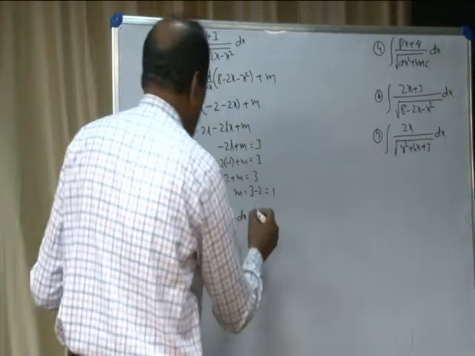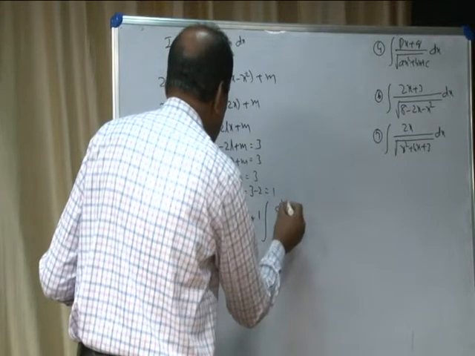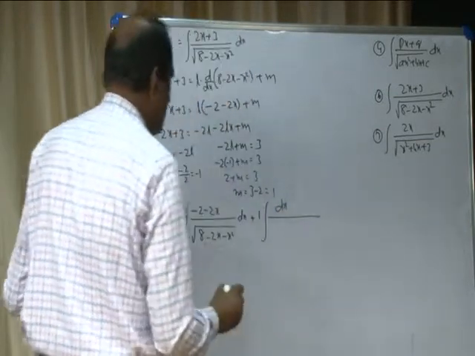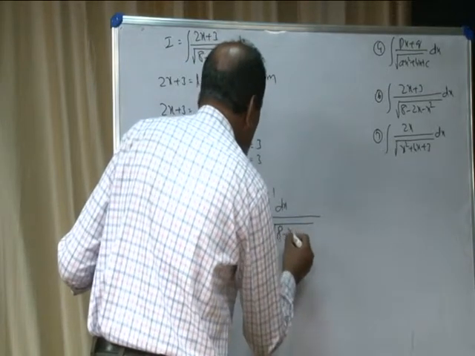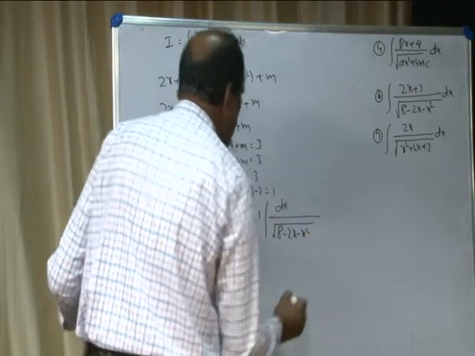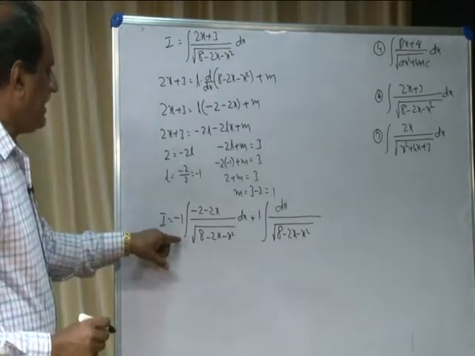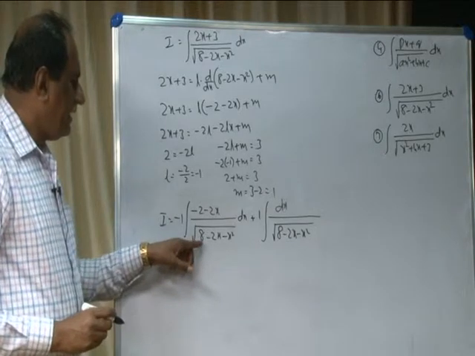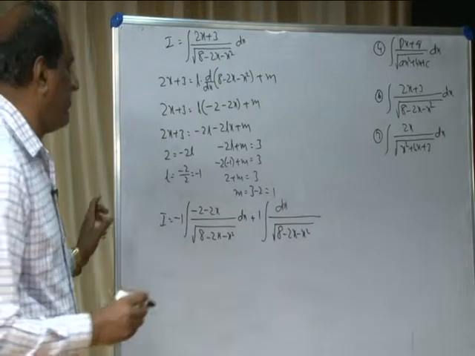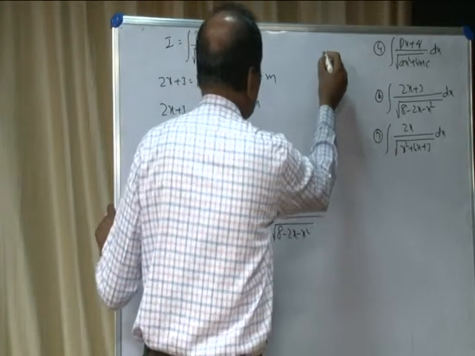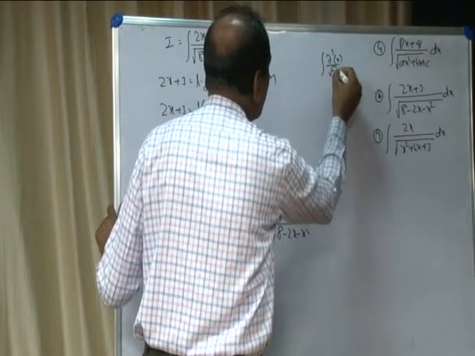Again m is 1, that is plus 1 into dx divided by root of 8 minus 2x minus x square. Now see here, in the first integral, the derivative of the denominator is exactly the numerator. This is of the form f dash x divided by root of f of x.